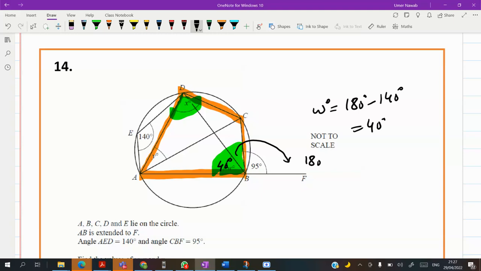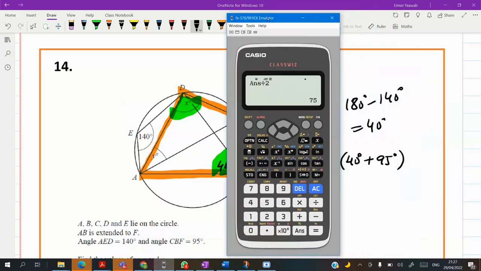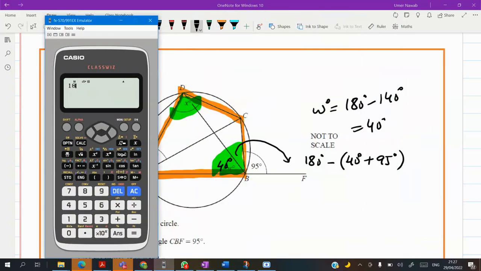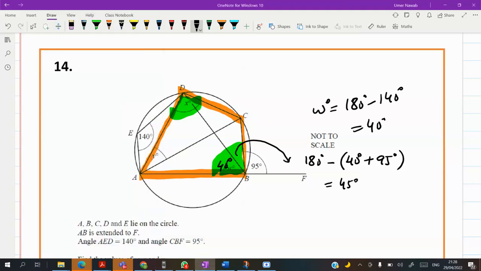So 180, boys, minus 40 plus 95 gives me 45. So if this is 45, so 45 plus 40 is 90. Is it 95 or 85? It's 85.